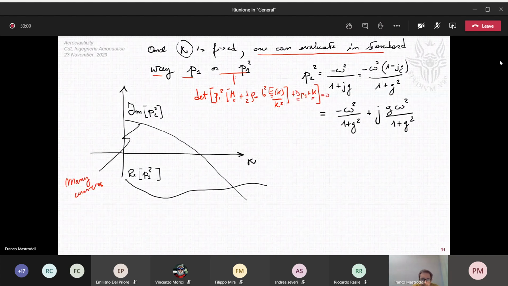By this equation, you evaluate P1 square. You have many P1 square, many curves. We plotted only one for the sake of clarity.